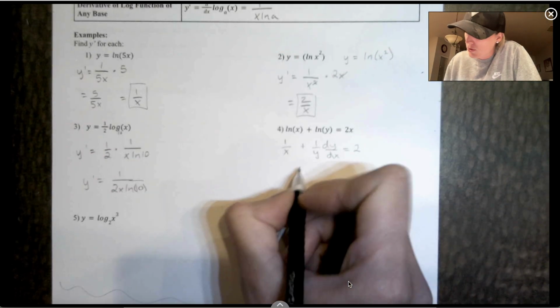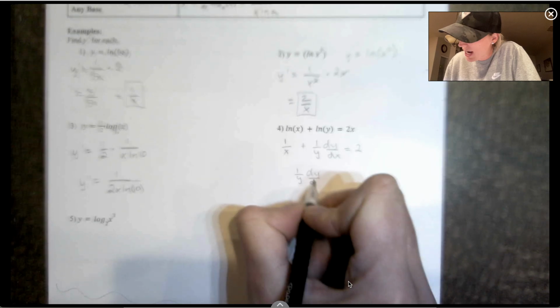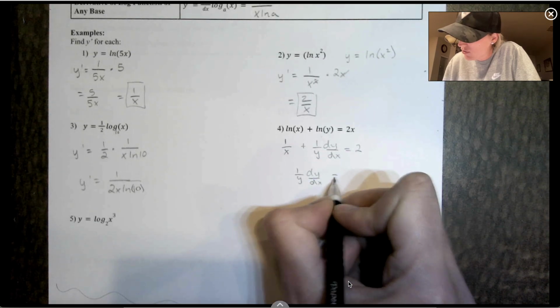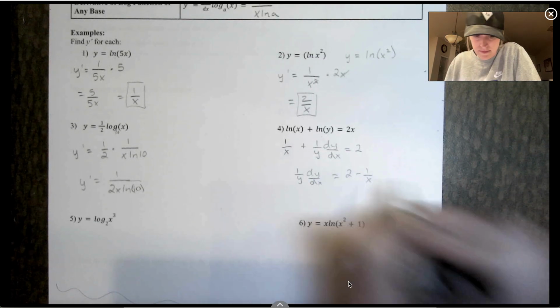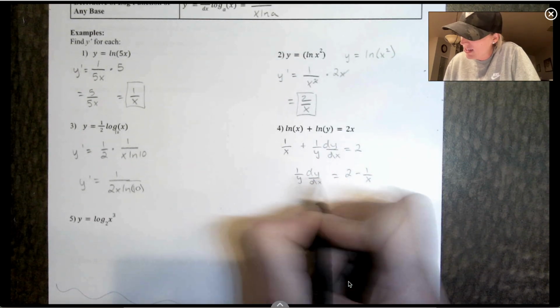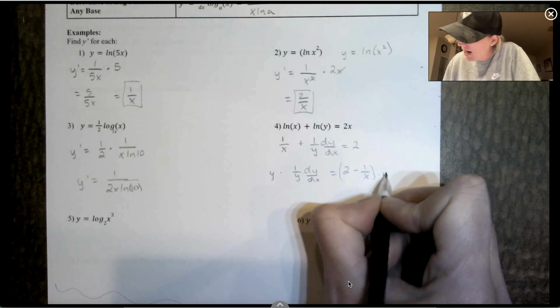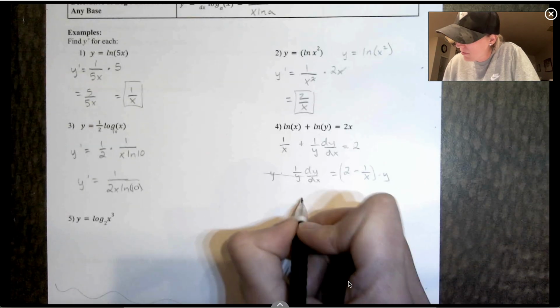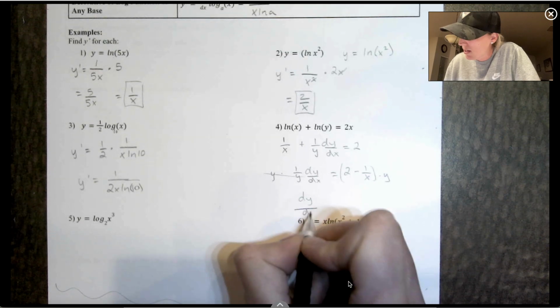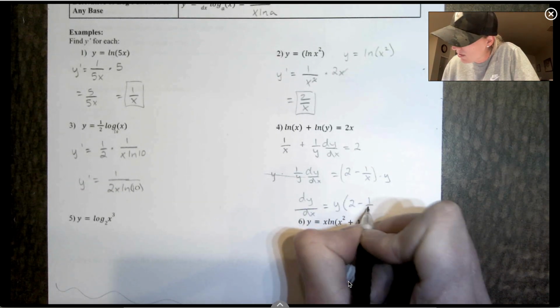I'm going to subtract the 1 over x, so I've got 1 over y dy dx equals 2 minus 1 over x. Then I'm going to multiply both sides by y to get dy dx by itself. So the y and 1 over y will cancel, and we get dy dx equals y times 2 minus 1 over x.